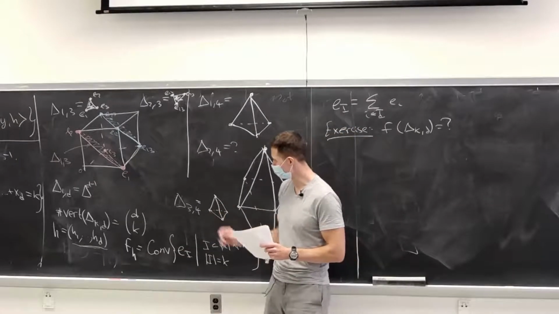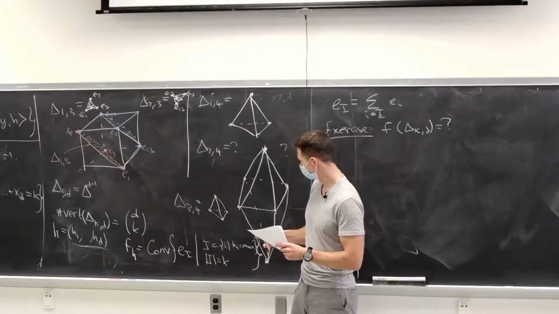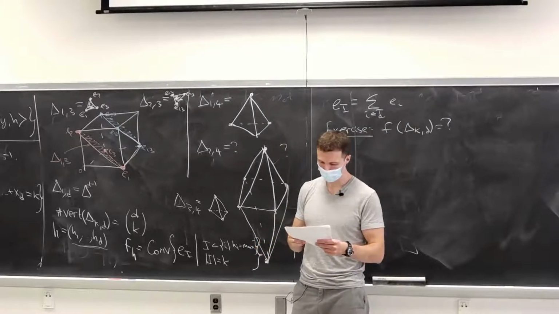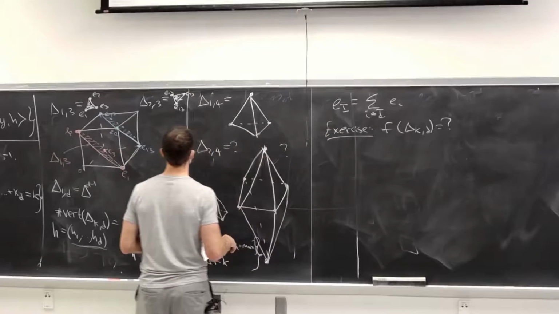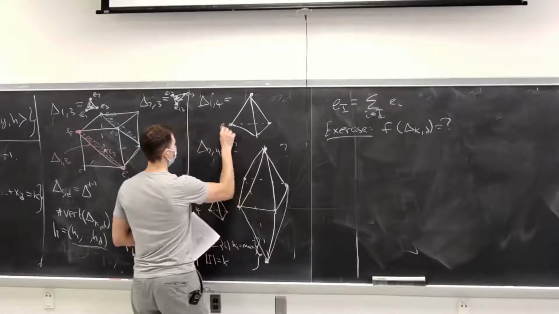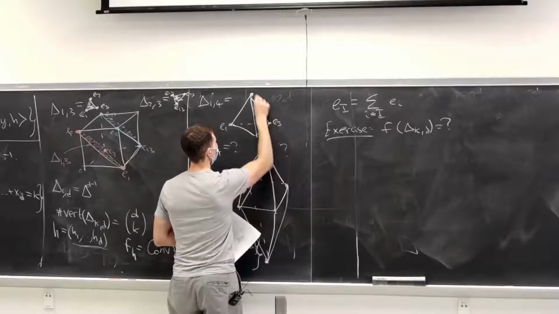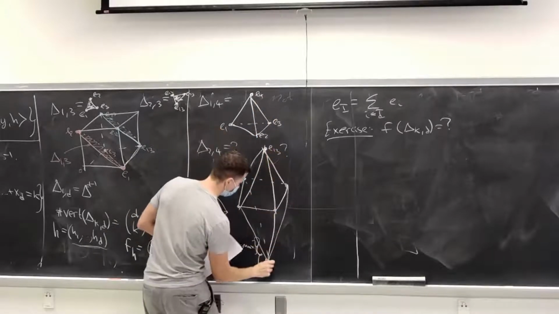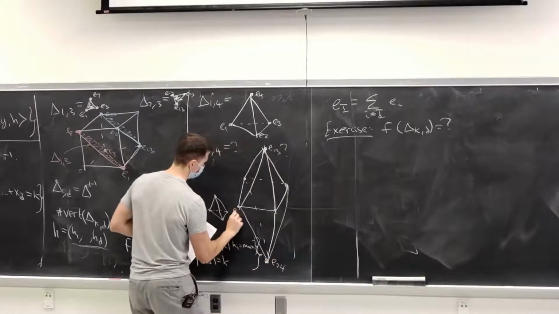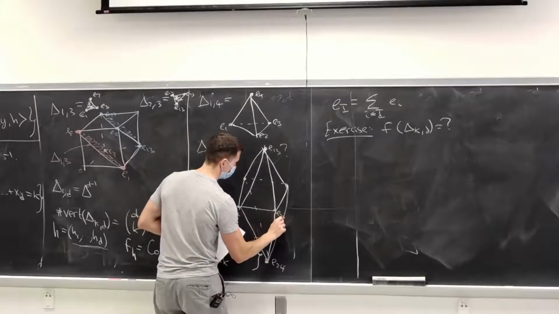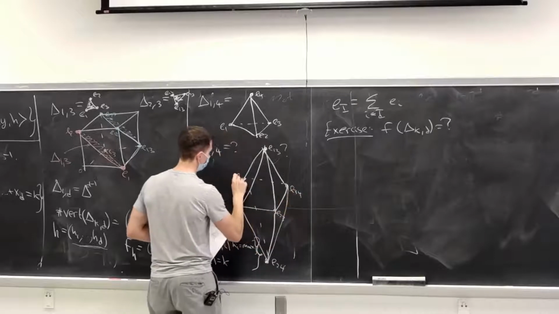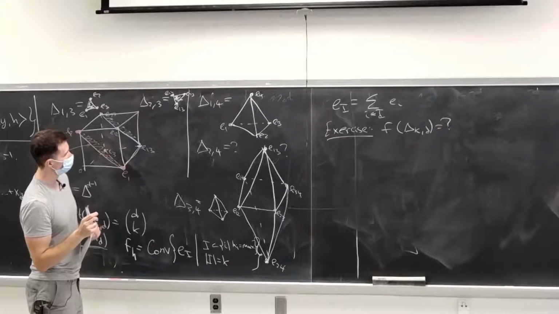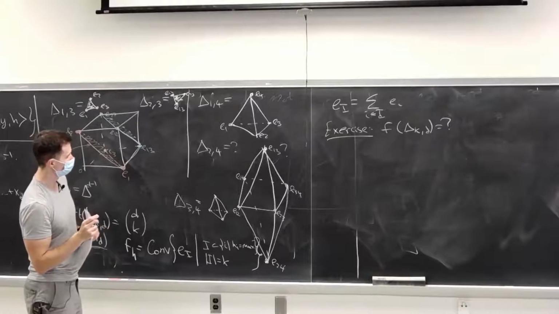I haven't explained this particularly rigorously, but you can do that. And let me continue labeling the faces: E1, E2, E3, E4, and then E23, E24, E12, E123, E34, E14.